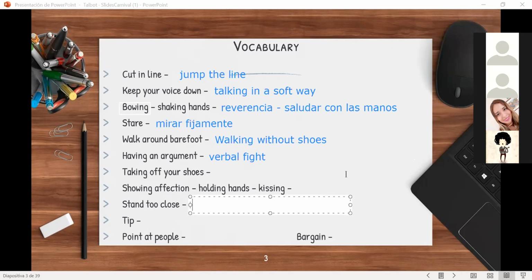Maybe that can make us feel also uncomfortable, when someone who we don't want to stay too close to us is staring at us and standing too close, that is uncomfortable.